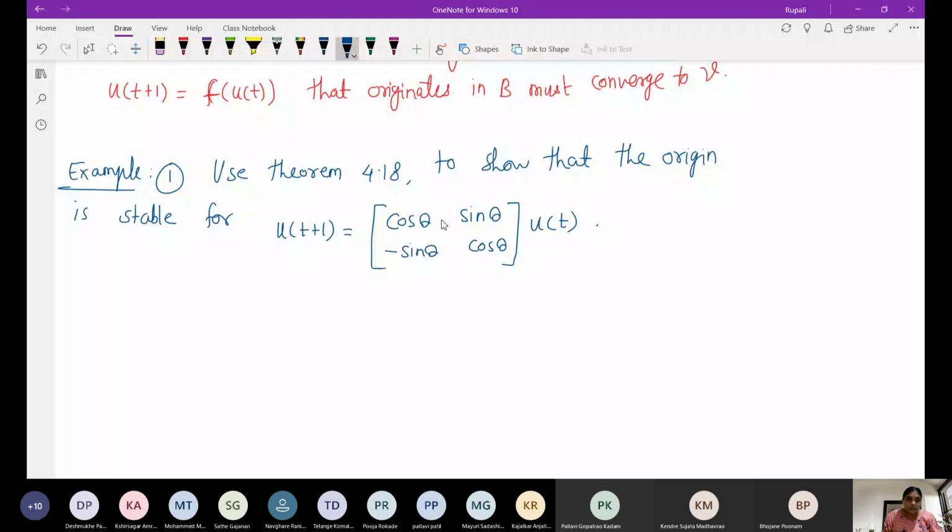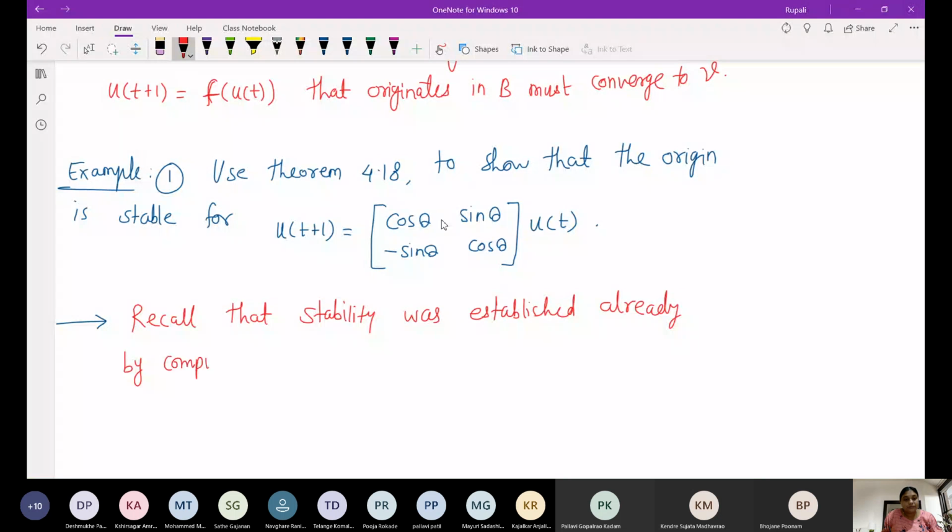Recall that stability was established already by computing eigenvalues of the matrix.